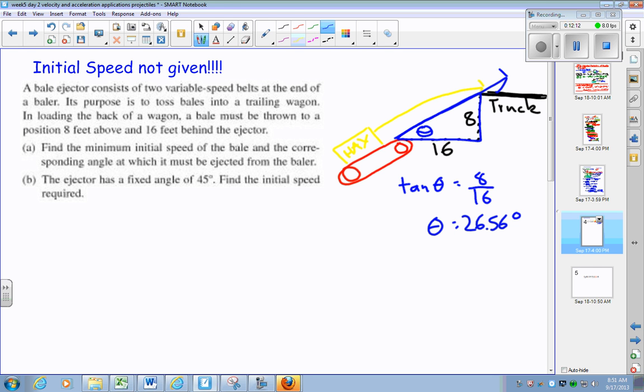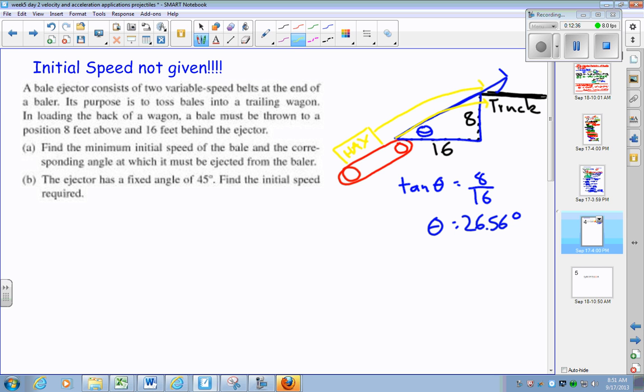If it was an infinity speed. When you're talking minimum speed, if you talk any projectile, okay, notice the curve on the yellow. Do you see how it bends a little bit? Okay. If I actually did do that bend with that angle of 26.56, this is what it would look like.